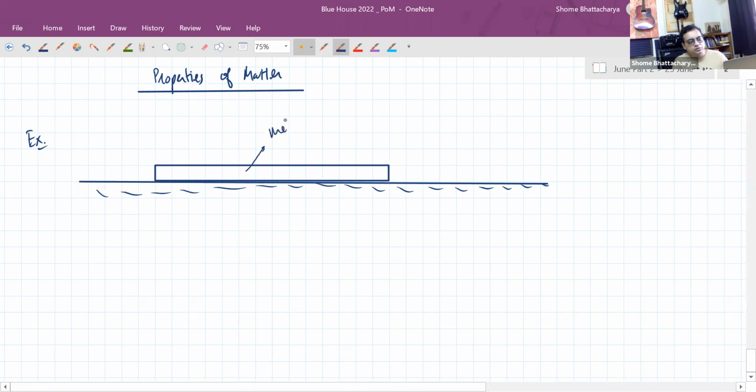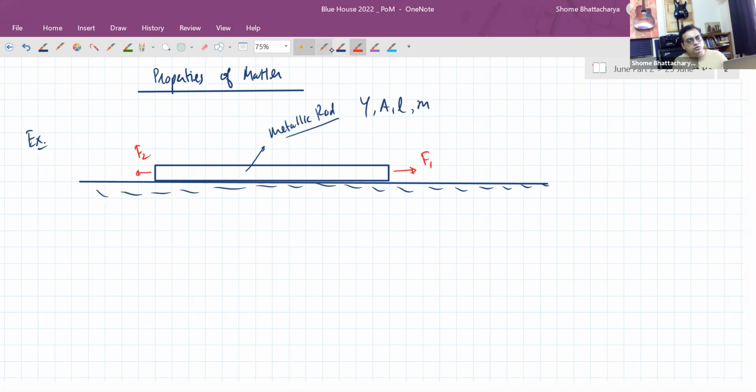So we have a metallic rod, Young's modulus Y, area of cross section A, natural length L, and mass M. Now we are applying forces like this, F1 and F2.